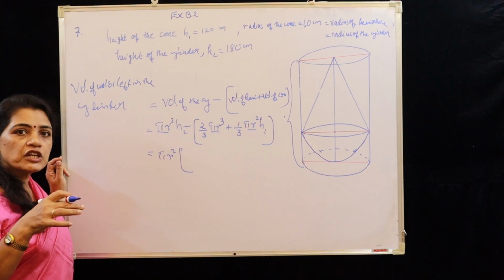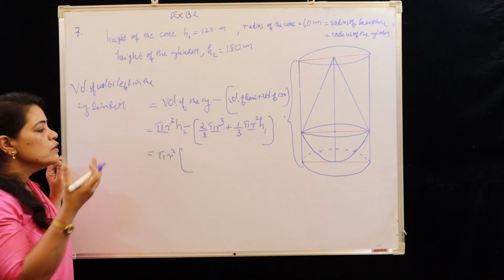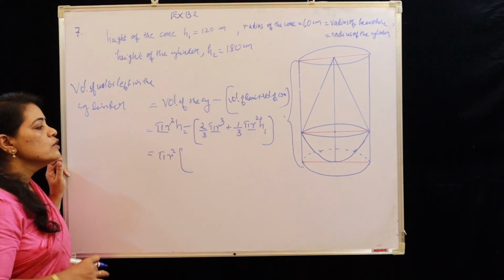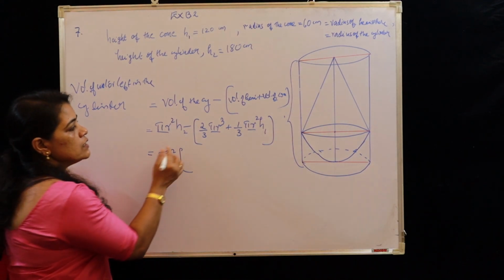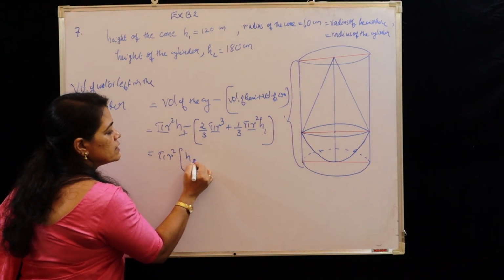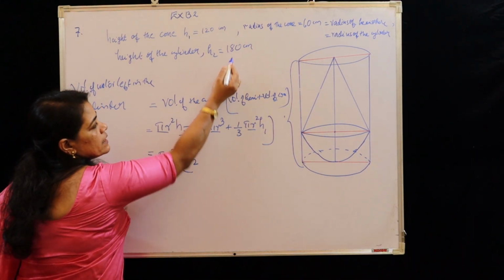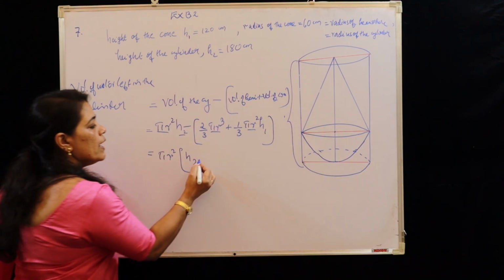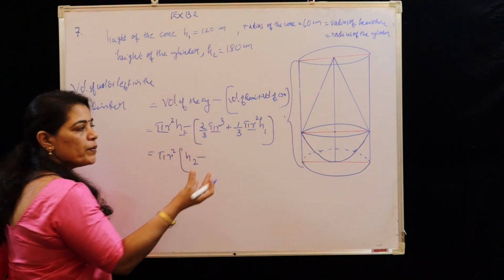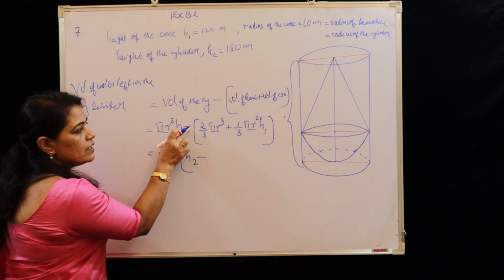All three shapes have the same radii, so pi r square can be taken outside. You can see h2, the height of the cylinder, minus, as we open the bracket, we have to multiply with the minus.